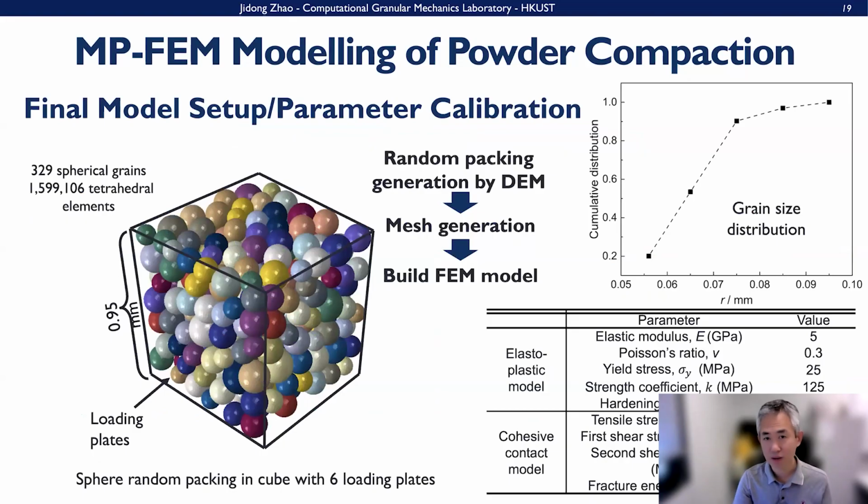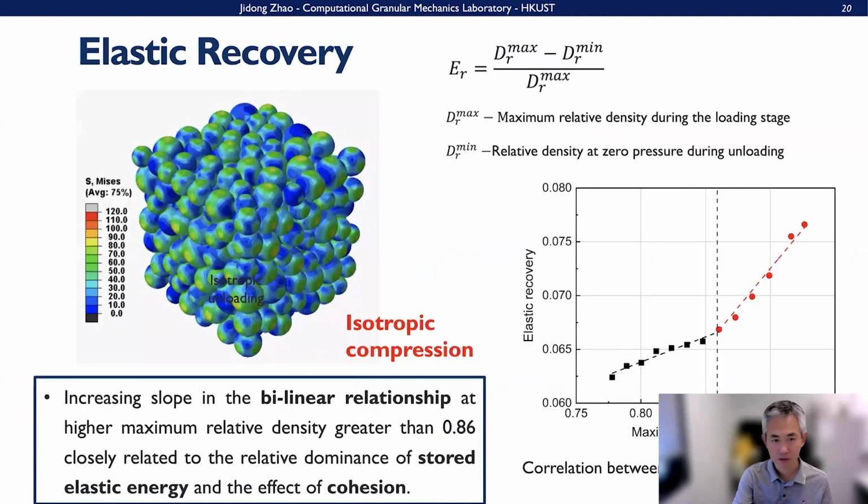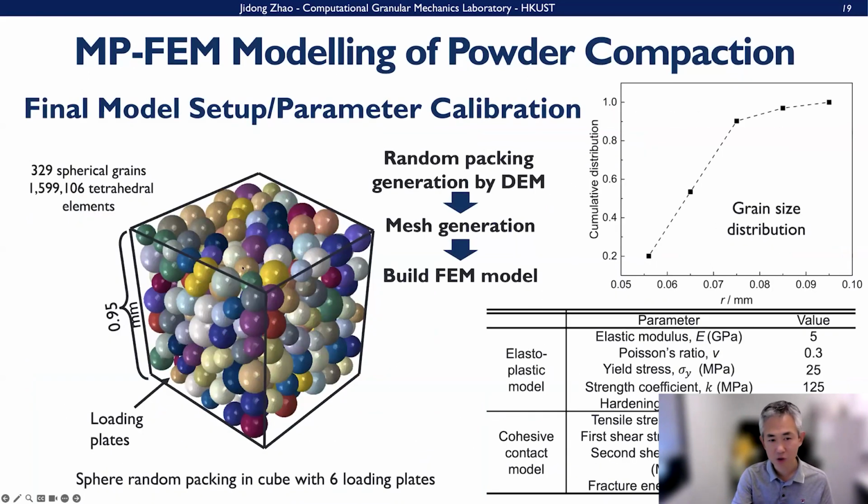Now let's do a formal analysis, using this model to do powder compaction. So this is the model setup. We use a total of 329 sphere particles, and each particle was meshed by the finest mesh that we showed before. This totals around 1.6 million tetrahedral elements in play.